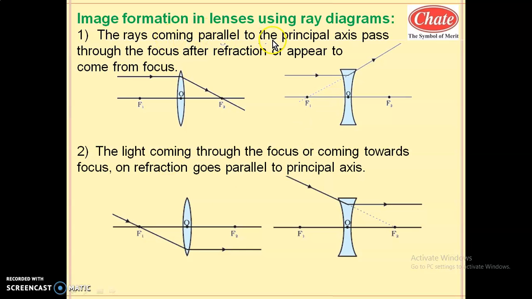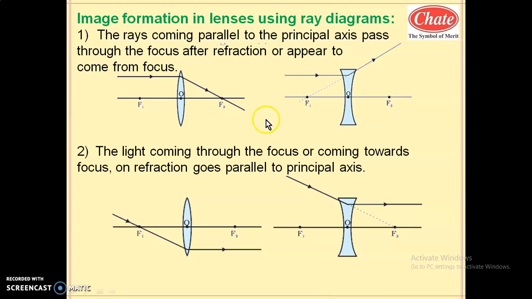So the rays which are incident parallel to the principal axis of a convex lens further pass through the focus, and the ray which is incident parallel to the principal axis of a concave lens appears to come from the focus. So this is the first rule.